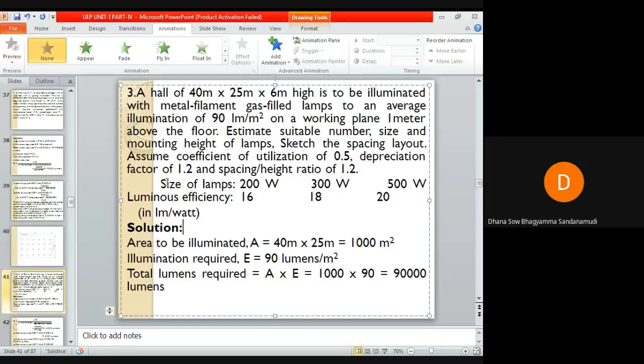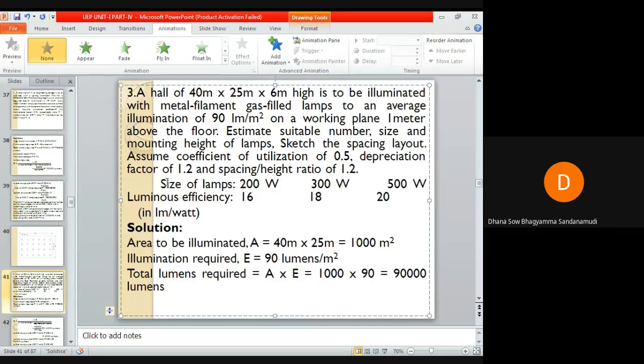Now similar to your previous problem, first of all you must calculate the area to be illuminated. You know the length and breadth: length is 40 and breadth is 25, so area is 1000 meters square. Illumination required, E, is given as 90 lumens per meter square.